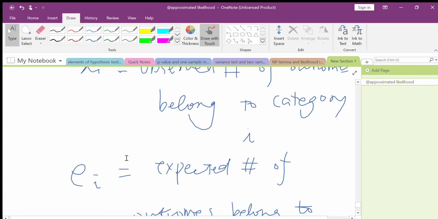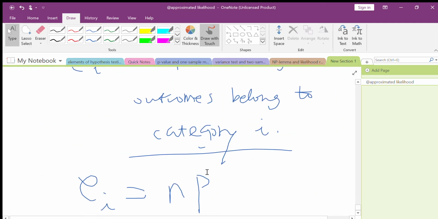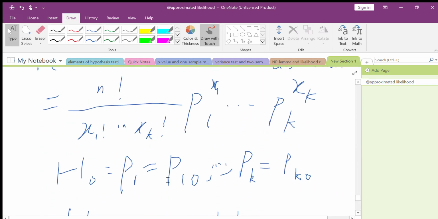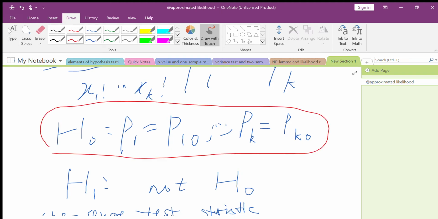And ei under H null is n pi0, because under H null, pi are set equal to pi0.